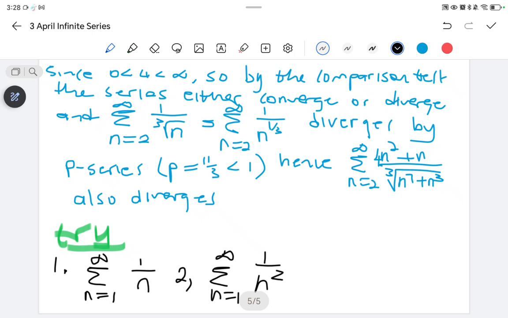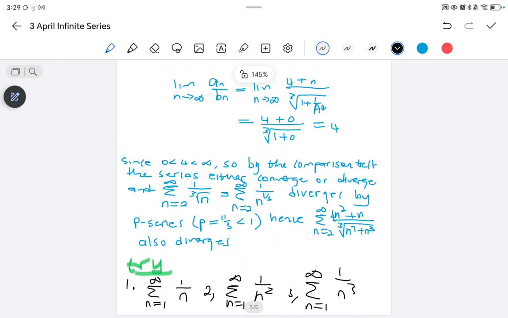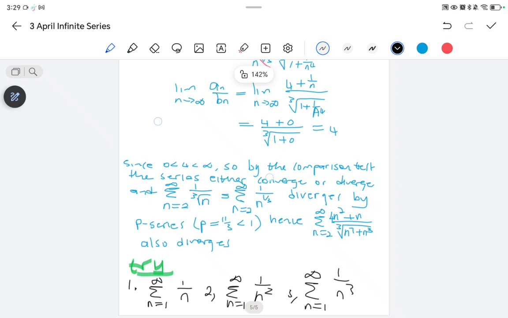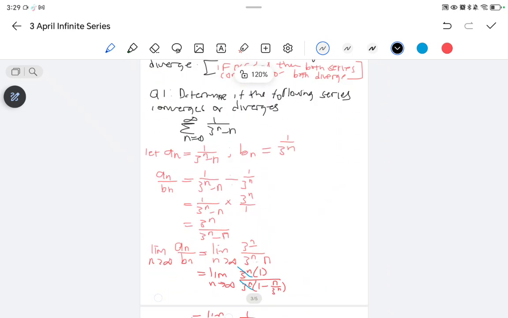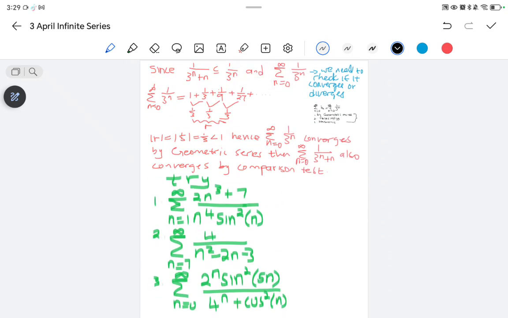And also try, then lastly do these ones also with the limit comparison test, right? These ones, do them using the limit comparison test.